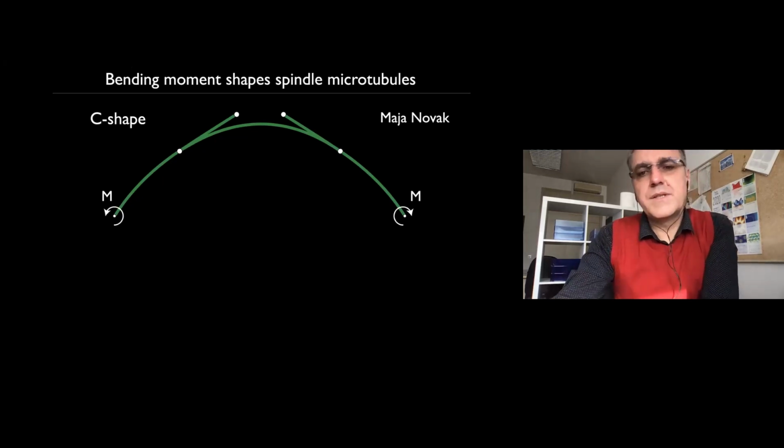Anyway, this is how we explain the shape that is experimentally observed, and we could also make some predictions related to the shape and the forces at the pole. If this is generated by pushing forces, this pushing force should be around 30 piconewtons, whereas here we predicted forces around 300 piconewtons.